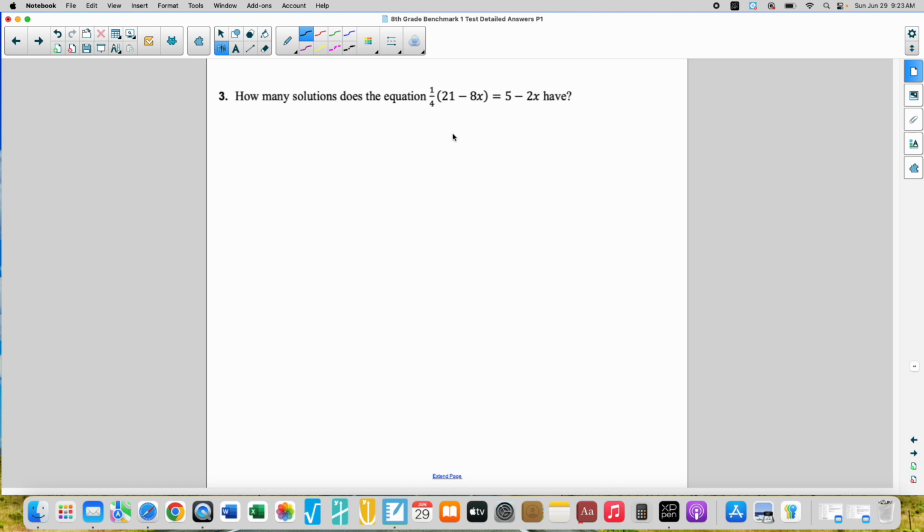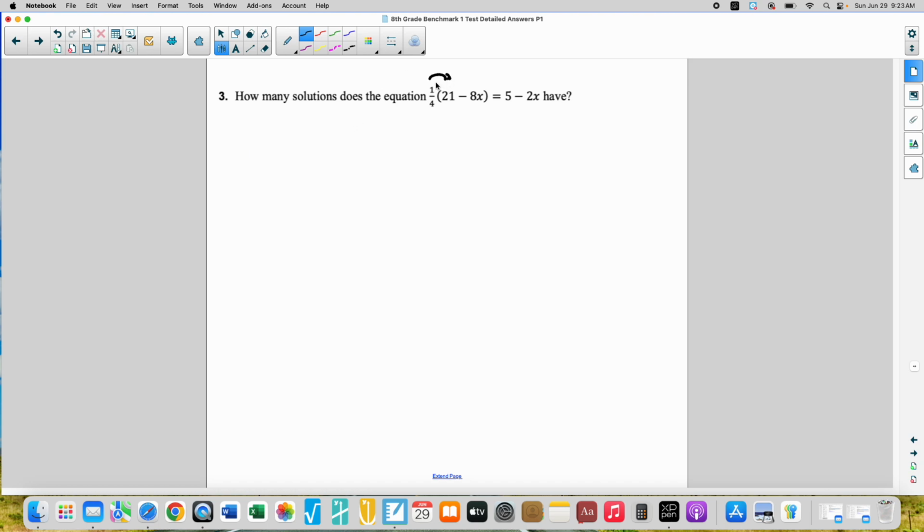If it's true, then you're going to have an infinite number of solutions. If the variables cancel and you create a false number statement, there is no solution. You have 0 solutions. And then if the variables don't cancel out, and you're left with just a variable with a coefficient, that means you can solve it and you'll end up with 1 solution.